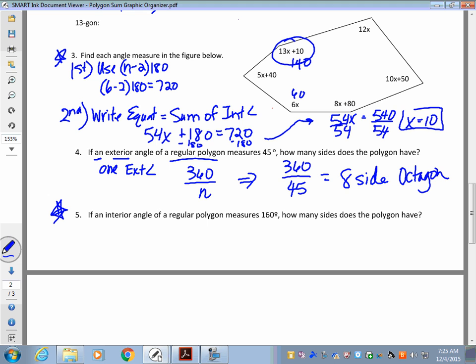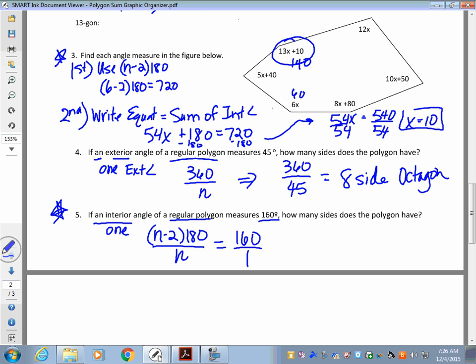I would probably start this, number 5, by asking you to work backwards. Because they tell me the measure of the interior angle, this is an interior angle, it's a regular polygon, is 160. Well, to find one interior angle, I use the formula n minus 2 times 180, but for just one angle, I have to divide by n, the number of sides. So I'm going to use that formula, and I know that formula gave me the measure of 160, so it's going to equal 160. And I'm just going to set up a proportion, 160 over 1, and then cross multiply.